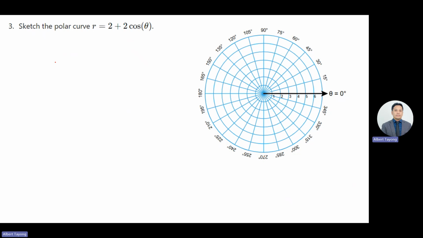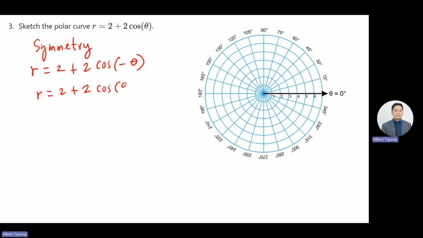Okay, first let's check if we have a symmetry here by assigning some values to our theta, positive and negative. So to test the symmetry, actually, we have to assign negative theta and see if the answers are the same. So assuming that we're going to use, for example, positive 90 degrees, using the calculator, the answer is 2.